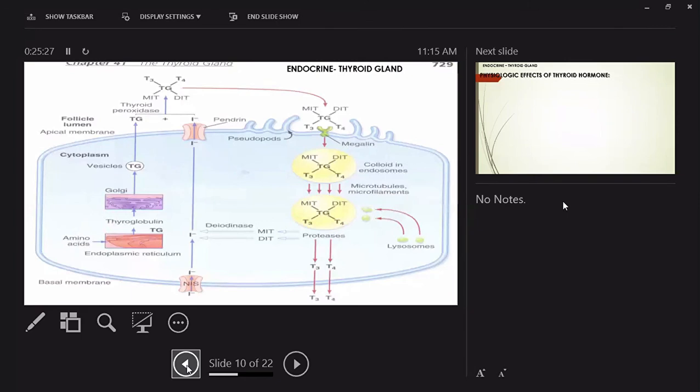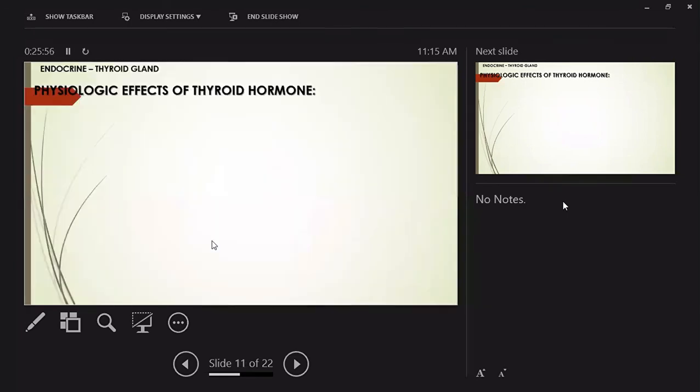Yeah, this one. This is pinching off of the colloid and then brought inside and then acted upon by the lysosomal protease enzymes, and the MIT and the DIT is recycled.